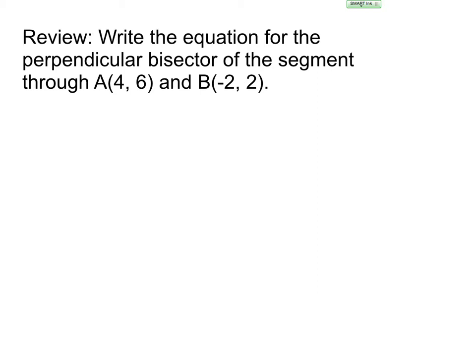Okay, what's the opposite reciprocal have to deal with? Okay, so if we find the slope of that segment, we don't want to use the same thing to write the equation of the perpendicular bisector. We want to change it. Find the slope of that one, and then we're going to change it for our equation.